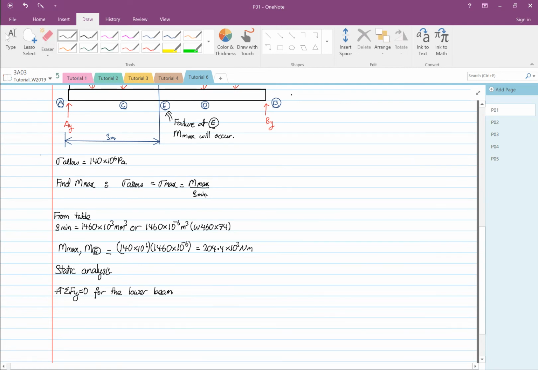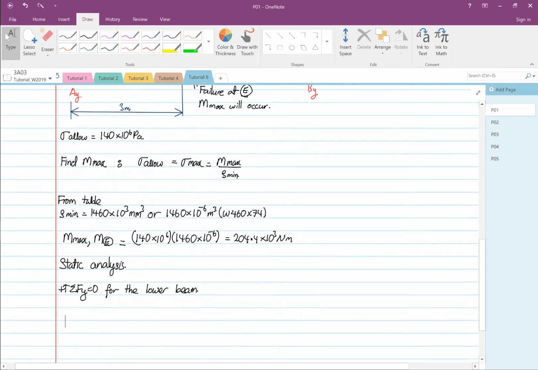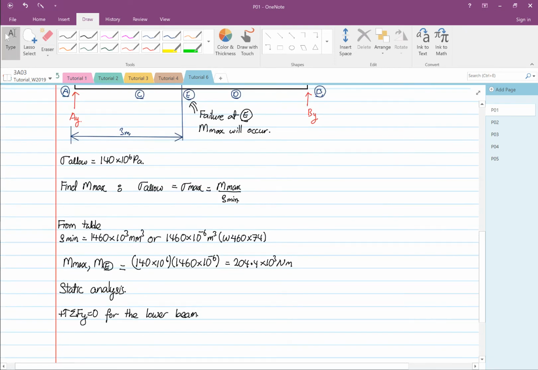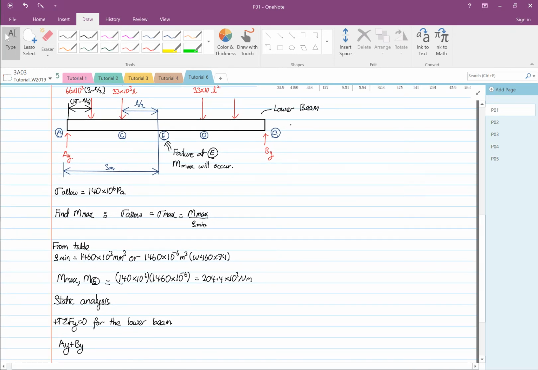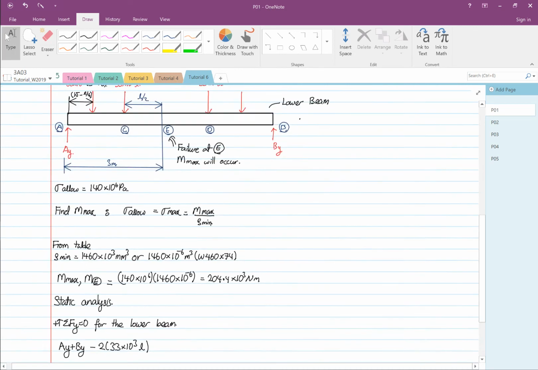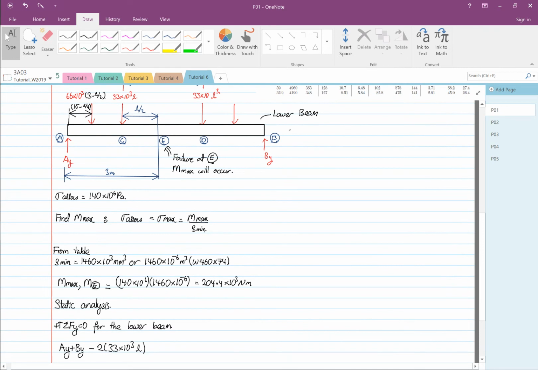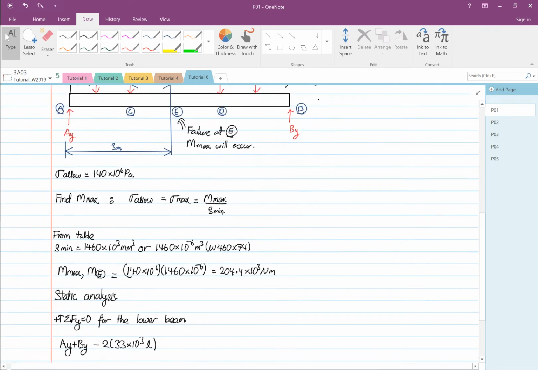So this is equal to AY plus BY, then you minus twice the 33 times 10 to the power 3 L, and then twice the 66 times 10 to the power 3 bracket 3 minus L over 2.